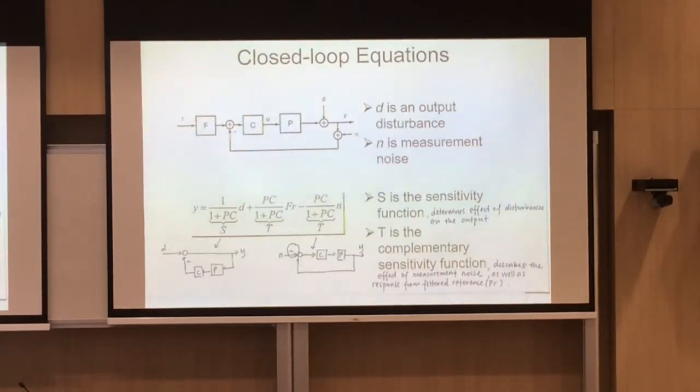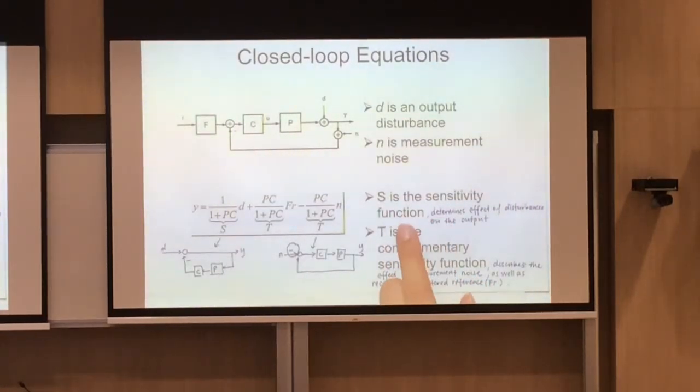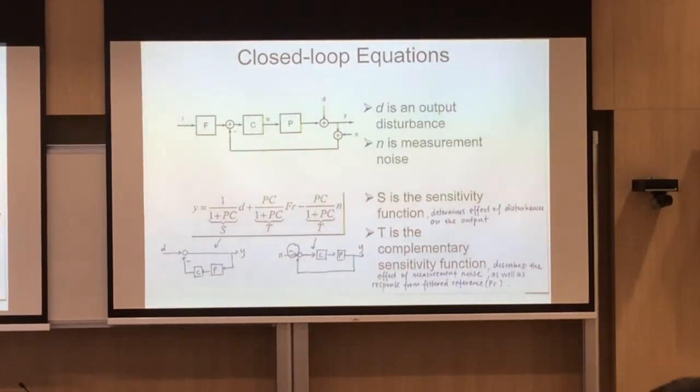So we have said that S, which is 1 over 1 plus CP, is a sensitivity function. It determines the effect of the disturbance on the output, because Y is S times D. So if S is bigger than 1, it means that the disturbance will have a magnifying impact on the output, because the disturbance will be multiplied by something that's more than 1.